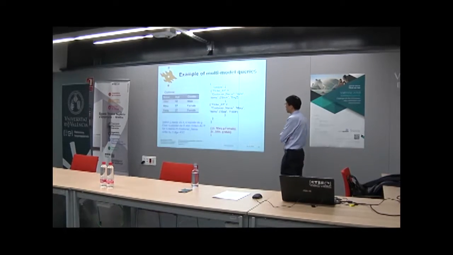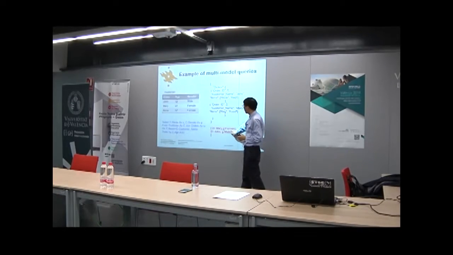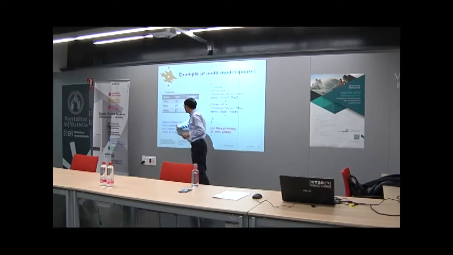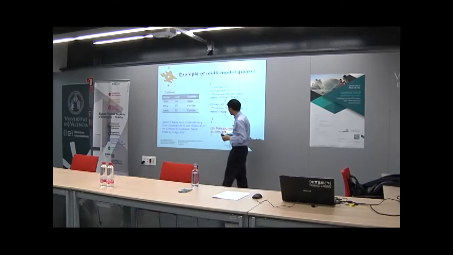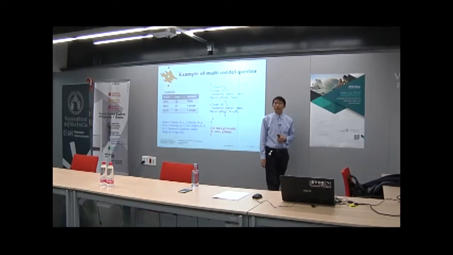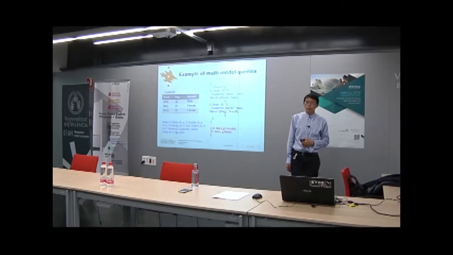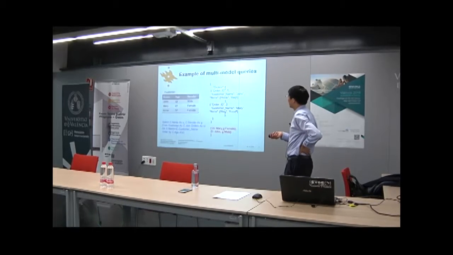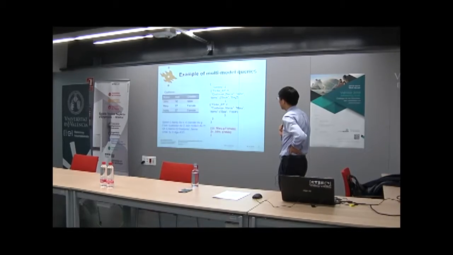So we can output two different tuples. M means the name, because C.name as M. G means the gender. So we want to output the information about these two customers and order them by age, in ascending order. This is the example of multimodal queries and their answers.